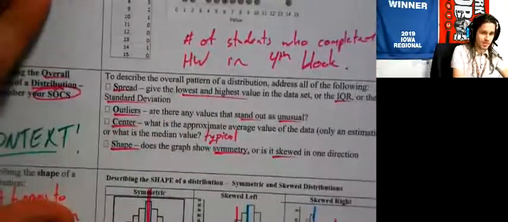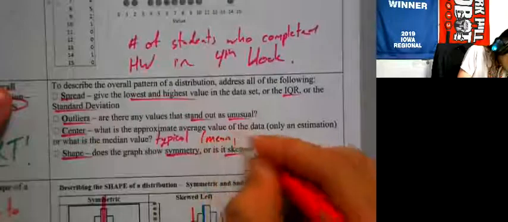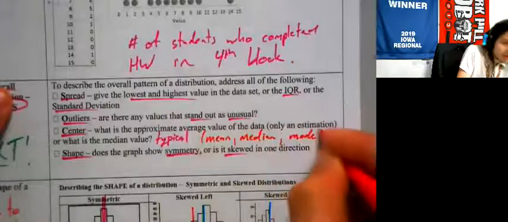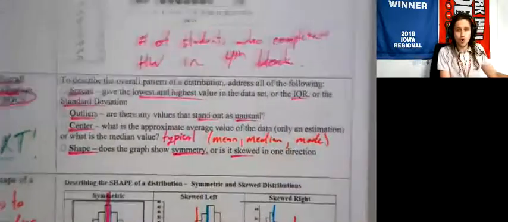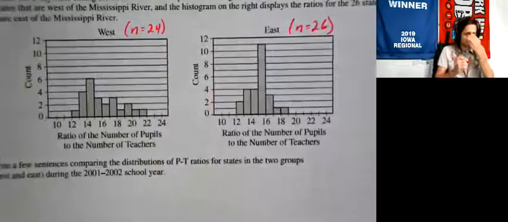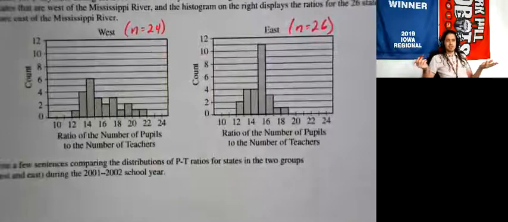We didn't talk really about center. I mentioned something about mean and median, but there's a third one. There's mean, there's median. What's that last one? Mode. Which one occurs the most often? Yes, okay, that's often the easiest one to spot. Why is the mode the easiest to spot? Because it's the tall bar.